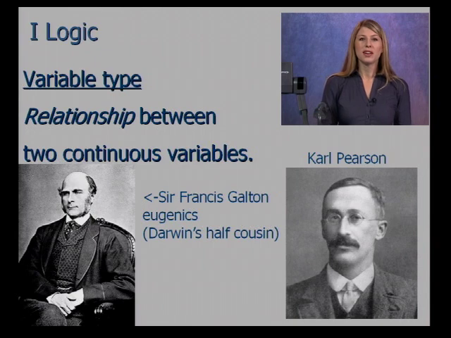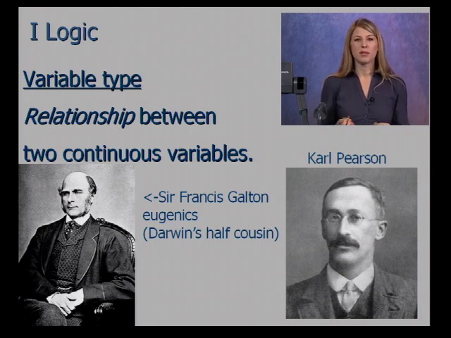Look at his picture. Anyone look like anyone you know? He was actually Darwin's half cousin. And there was a lot of criticism that Pearson and Galton got for creating these statistics and using them for eugenics, because they said it later may have been misused, even though that probably wasn't their original intent.